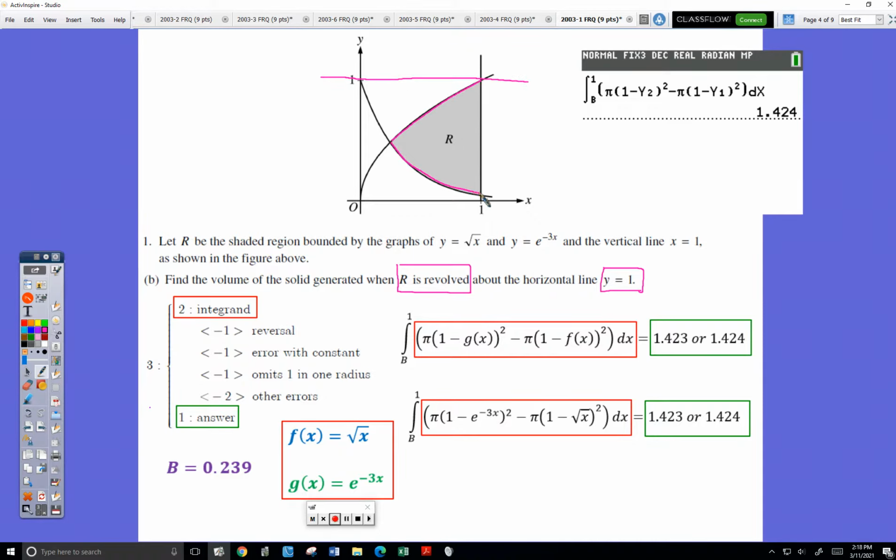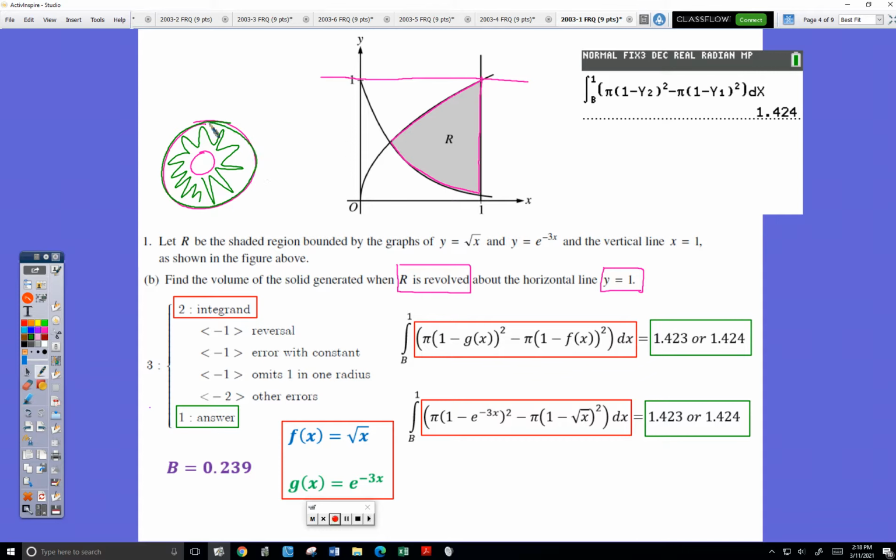I don't really care what the object looks like. All I care is that every slice is going to look like this. And I simply need to identify this area of the slice. So to find that area of the slice, I have to find the area of the entire slice as though there is no hole in the slice.